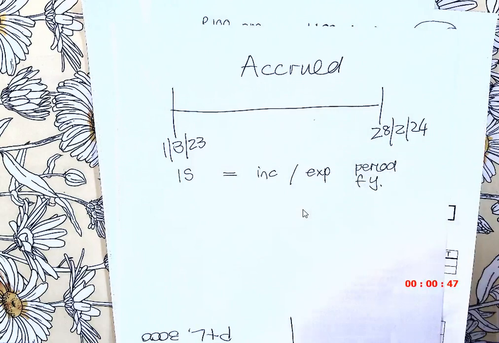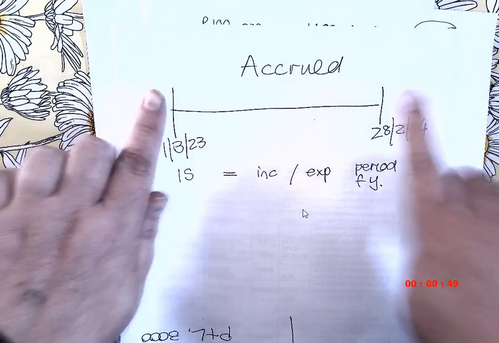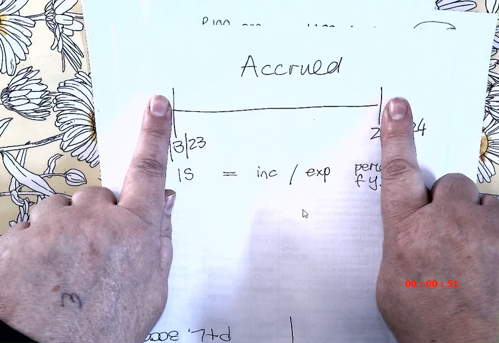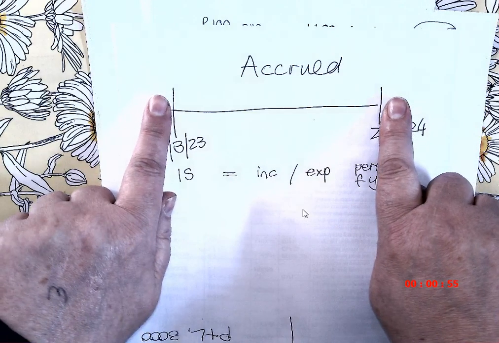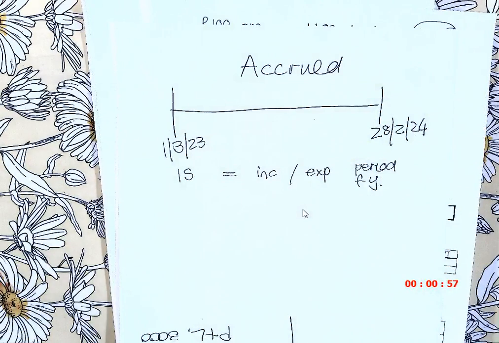Okay, so in other words, I want to show the full year's income or expense. But now what happens is that I did not physically receive or physically pay the whole expense. So now what I paid or received is not the same as the income or expense.